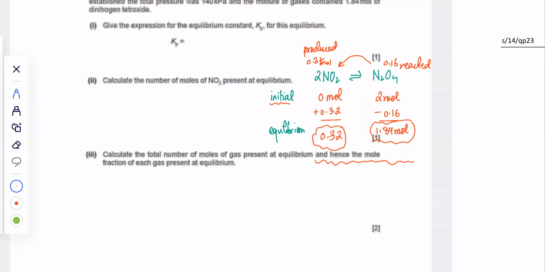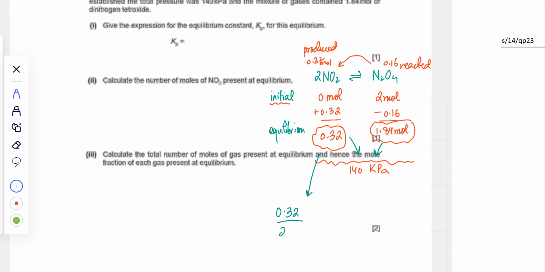So the total pressure of these gases combined is 140 kilopascals, which was stated earlier. So what's the pressure because of the NO2 gas alone? It's going to be the fraction of NO2. So it's 0.32 moles out of the total moles. What are your total moles? You're going to add these moles with these moles. What's 1.84 plus 0.32?